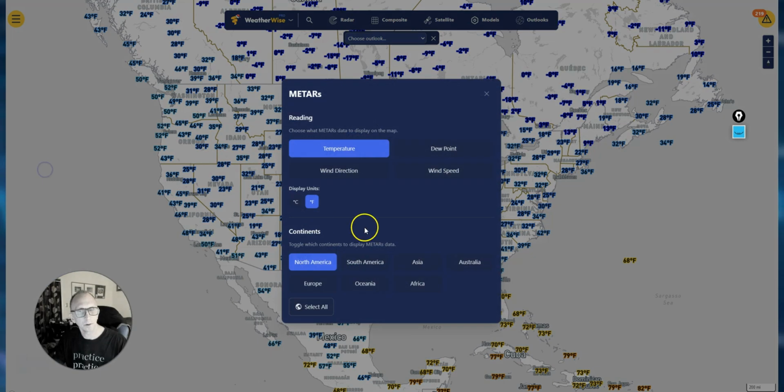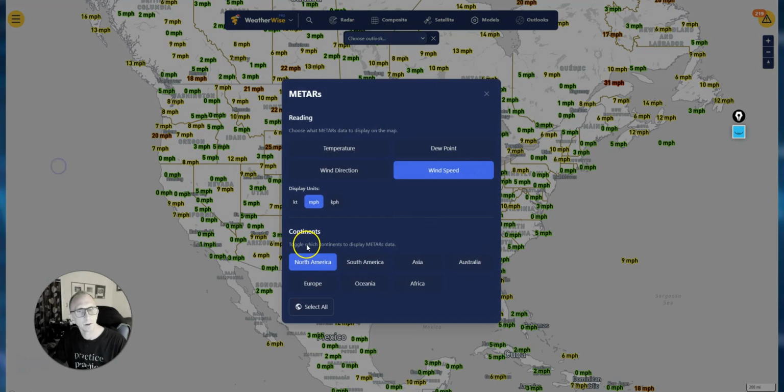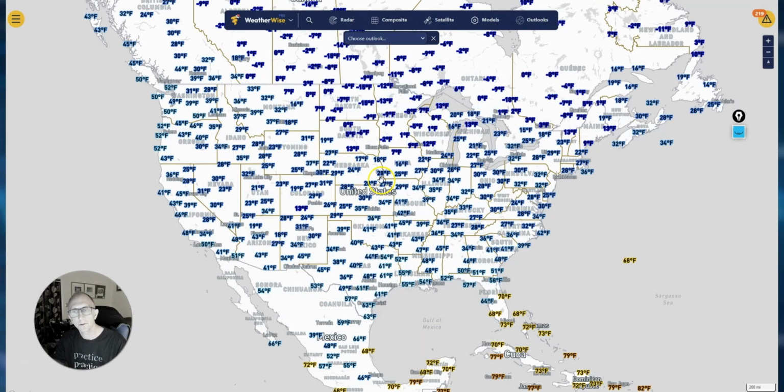Let's see if we have wind speed. Wherever these winds are higher, of course, you're going to have a wind chill effect. So overall, pretty cold, right, for a good portion of the nation here.